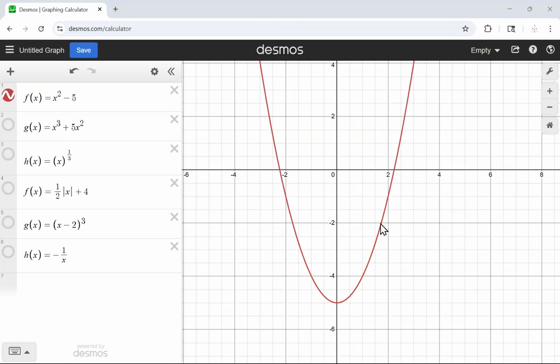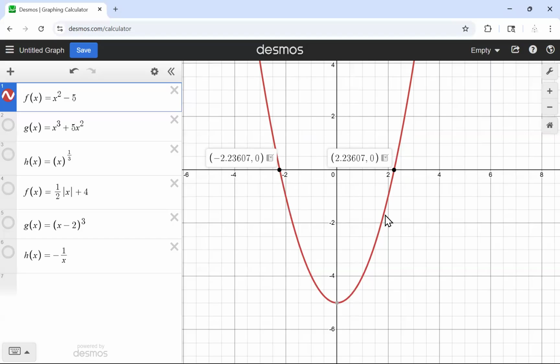For every point on the right-hand side of the y-axis, do I have a corresponding point on the left-hand side of the y-axis that is equidistant to it? Sure enough, I do. For instance, the point 2.23607, comma 0, has a matching negative 2.23607, comma 0.